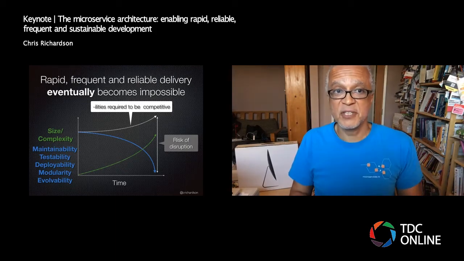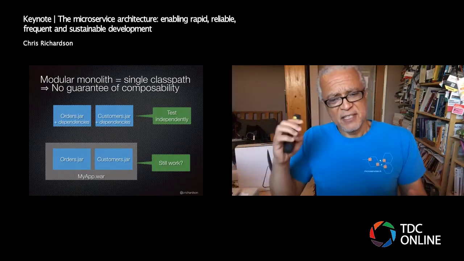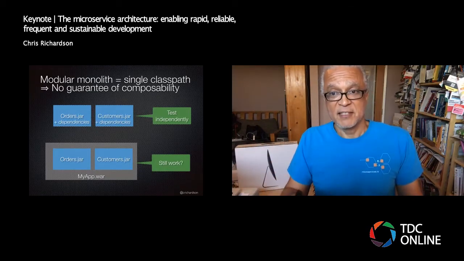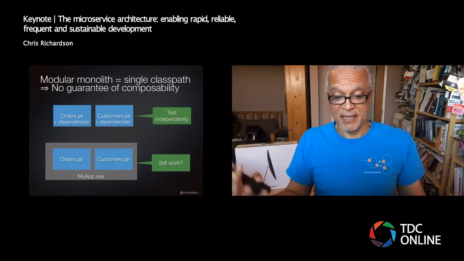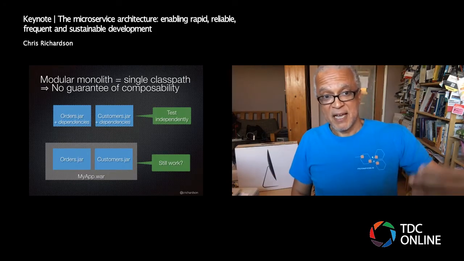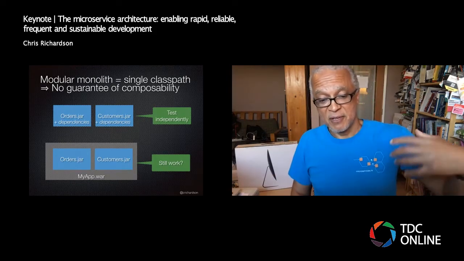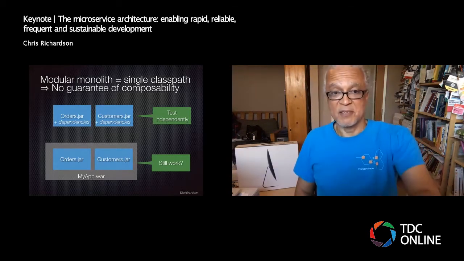So a real challenge. And then, there's a bunch of technology related challenges with monoliths as well. So one obvious point is there tends to be, like in Java, a single class path. So you might be able to have some form of modularity where you can build and test the order management module separately from the customer management module.